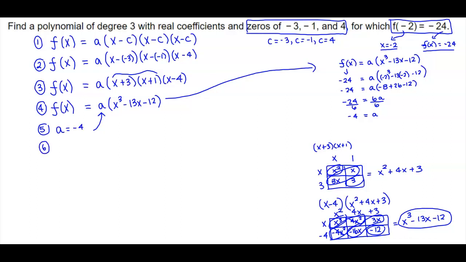Now we know that f of x equals negative 4 times x cubed minus 13x minus 12. They don't want us to keep it in factored form, so we have to distribute the negative 4 to all three of these terms. Negative 4 times x cubed is negative 4x cubed.